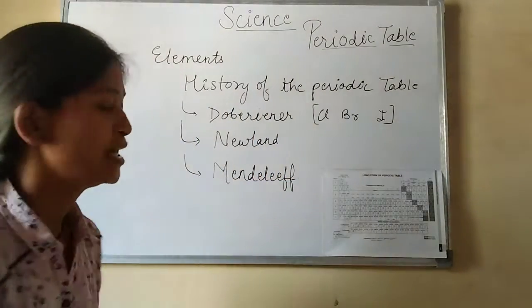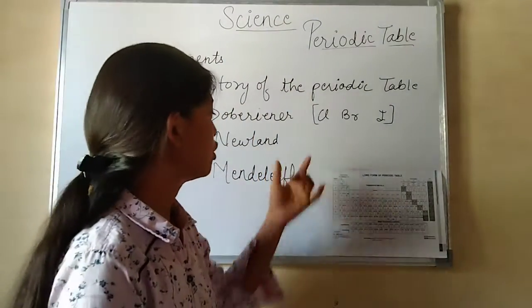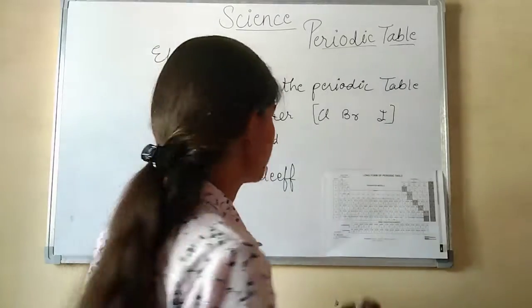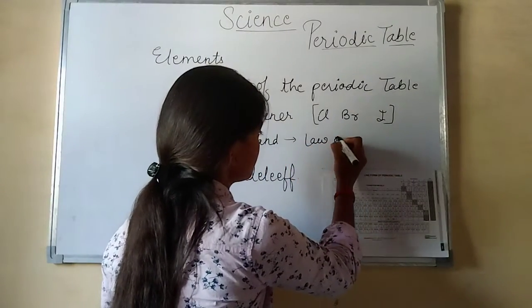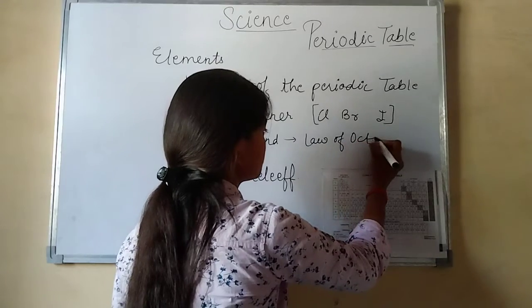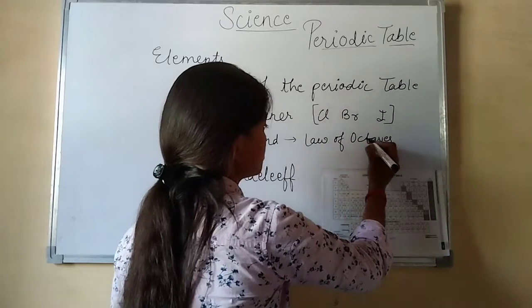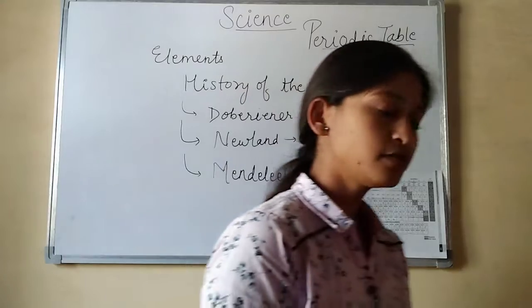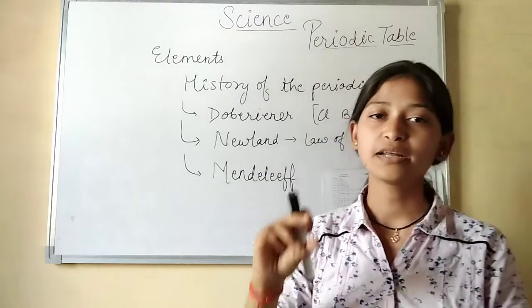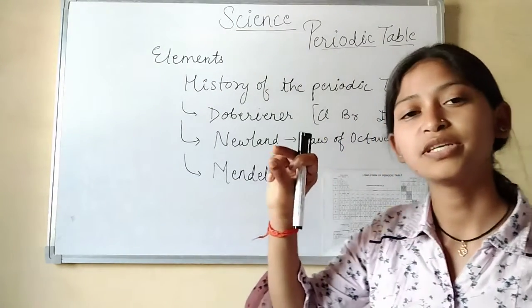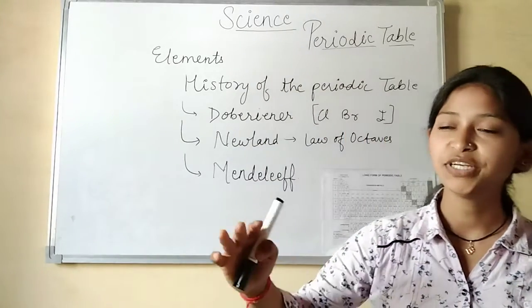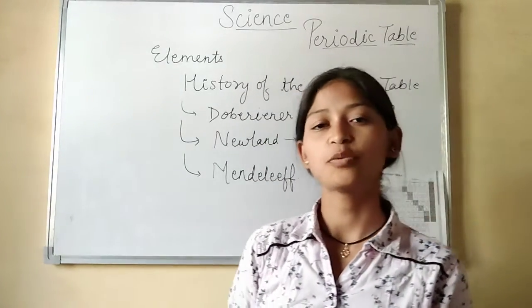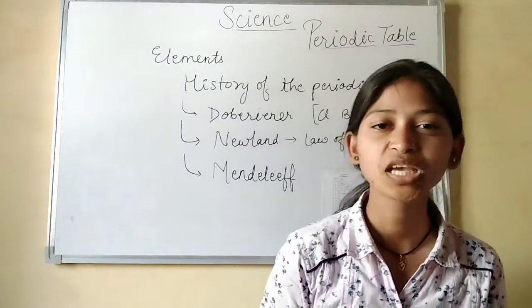After that, Newlands' octave rule came into existence. This was called the law of octaves. Newlands said that the elements are arranged in increasing order of their atomic masses, and the eighth element has properties similar to the first one.